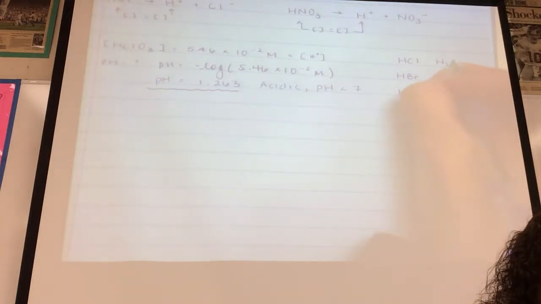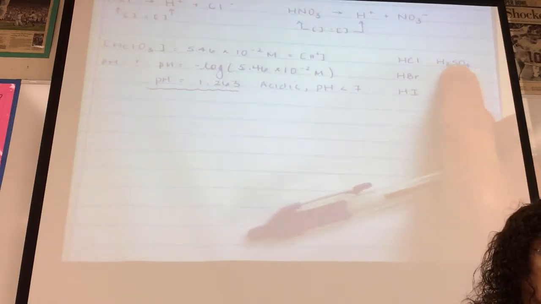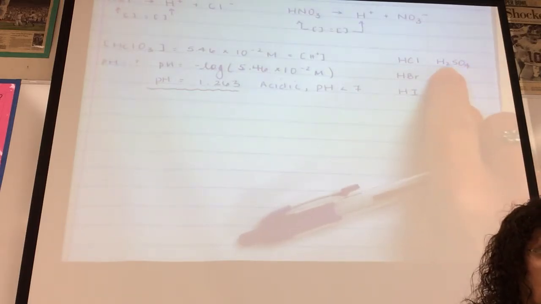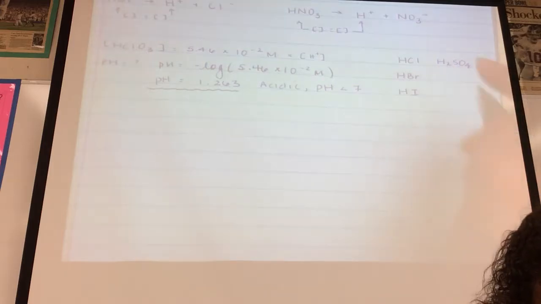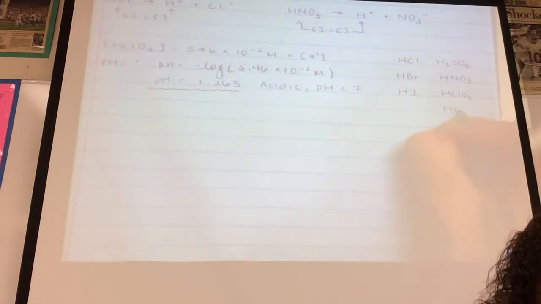You've got sulfuric acid. That's a ternary acid, 1, 2, 3 different atoms. This also is diprotic. It has 2 ionizable protons. Nitric acid, chloric acid, perchloric acid, that's a 3 there, that's a 4, and periodic acid.